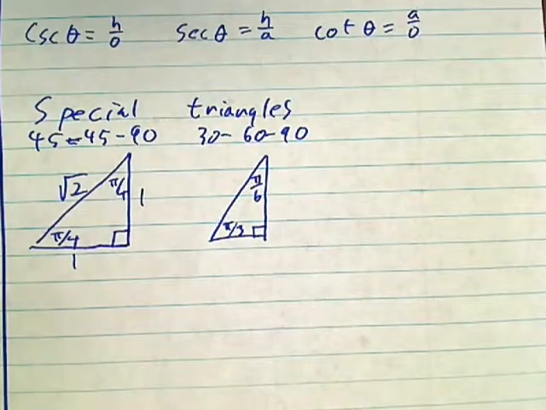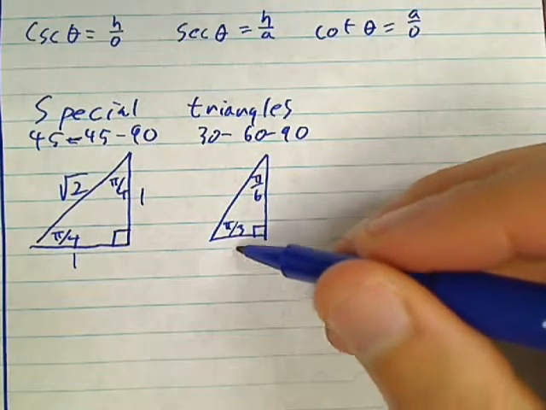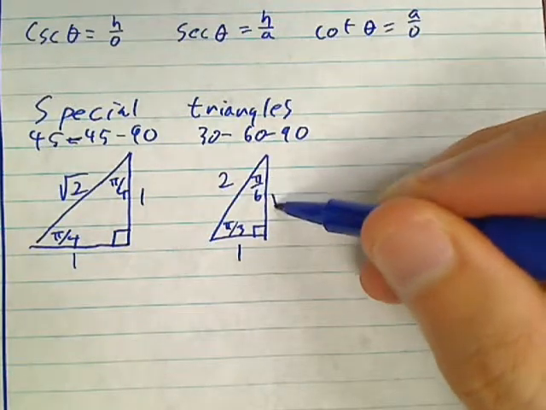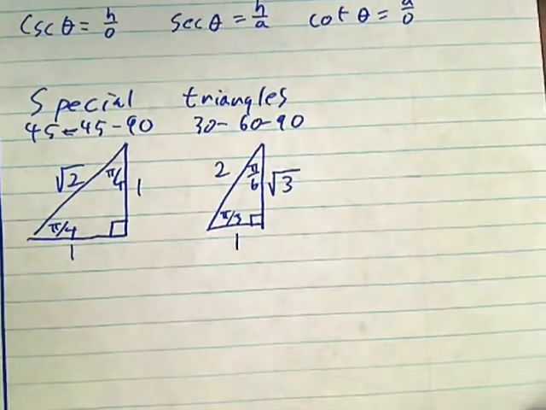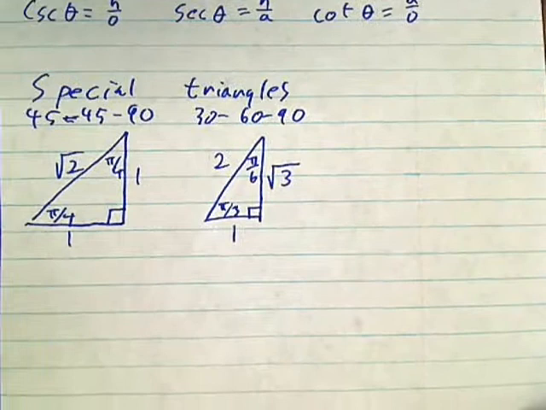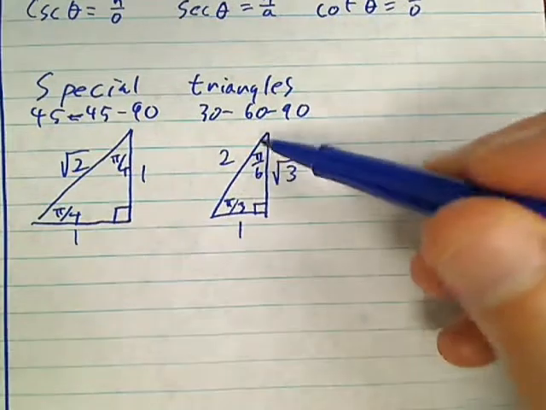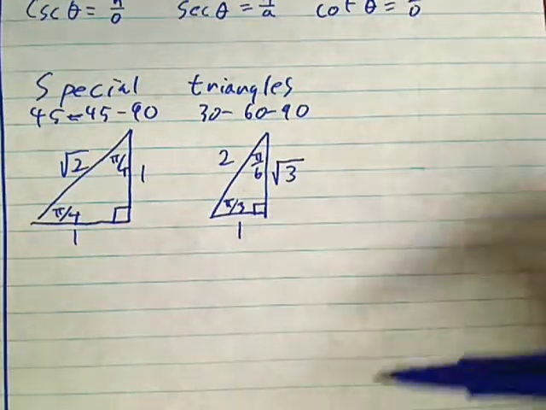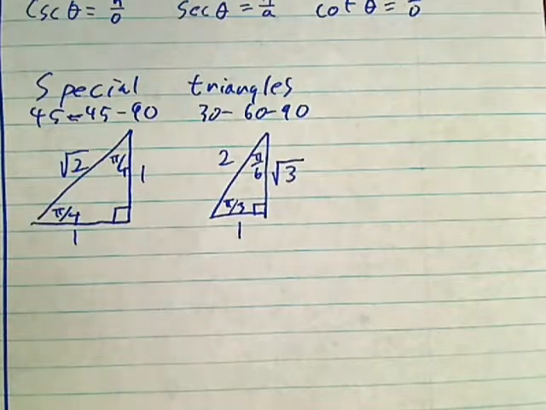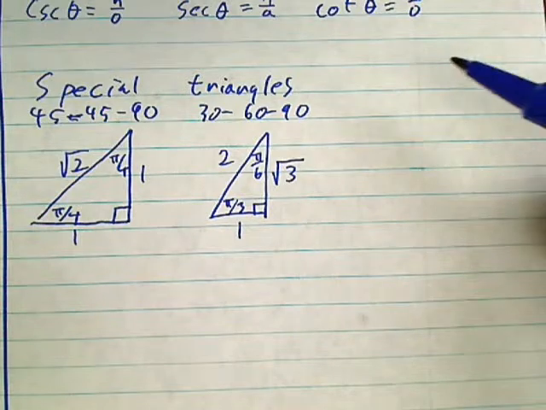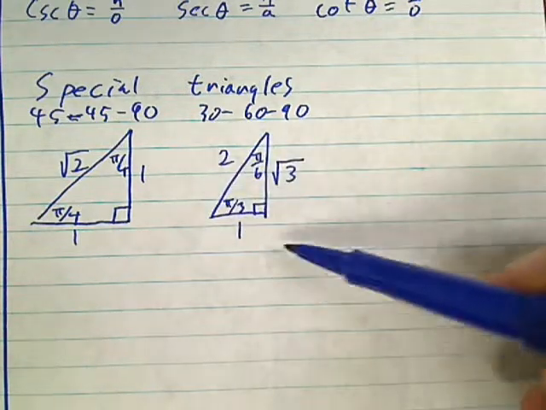Now we can take a couple of steps to figure out some values here, but the sides are going to be 1, 2, and then the square root of 3. Coming up with that is not too difficult. You start with an equilateral triangle with sides of length 2, cut it in half, and then use the Pythagorean theorem. But that method isn't terribly important at the moment. What's important is that this is your 30, 60, 90 triangle.